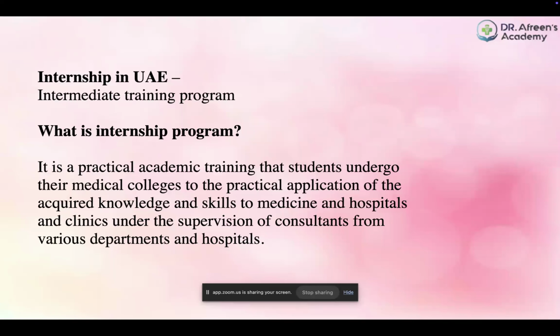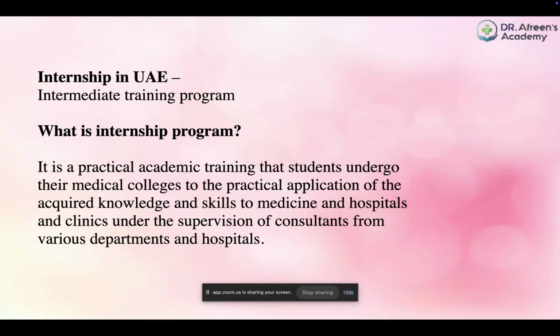Internship in UAE. Like already mentioned, it is an intermediate training program. It is a practical academic training that students undergo in their medical colleges for the practical application of acquired knowledge and skills to medicine in hospitals and clinics under the supervision of consultants from various departments in hospitals.